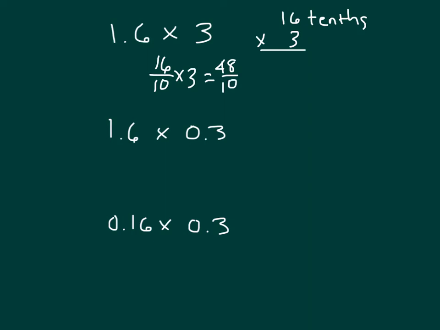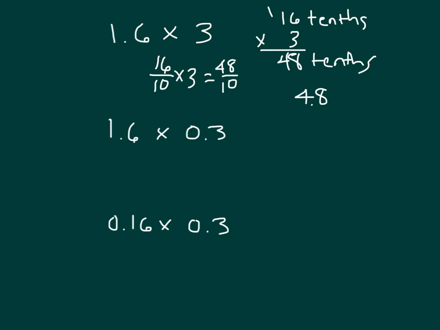If we work that out with the standard algorithm, multiplying by whole numbers, we would have gotten that same type of answer where it was 48/10. And 48/10 is written as 4.8 as a decimal. So we have 48/10 here, we have 4.8 there.